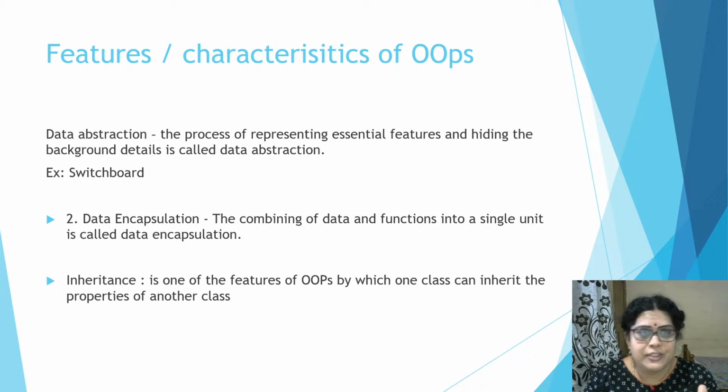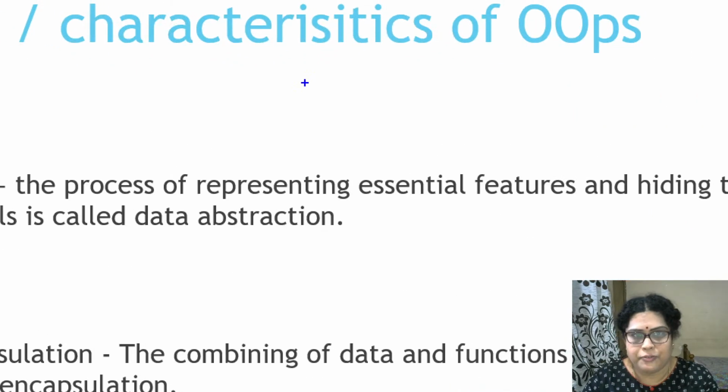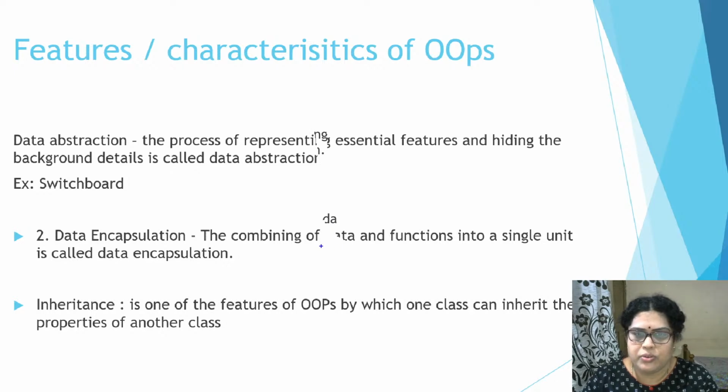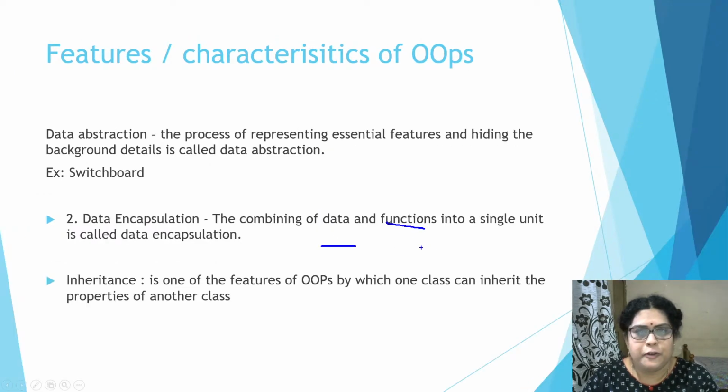What you need to imagine is that data encapsulation means data and functions. So these two words you should remember, data and functions. I can draw a capsule like this, with data and functions. Whenever the word data encapsulation comes, please remember these two words. The combining of data and functions into a single unit is called data encapsulation.